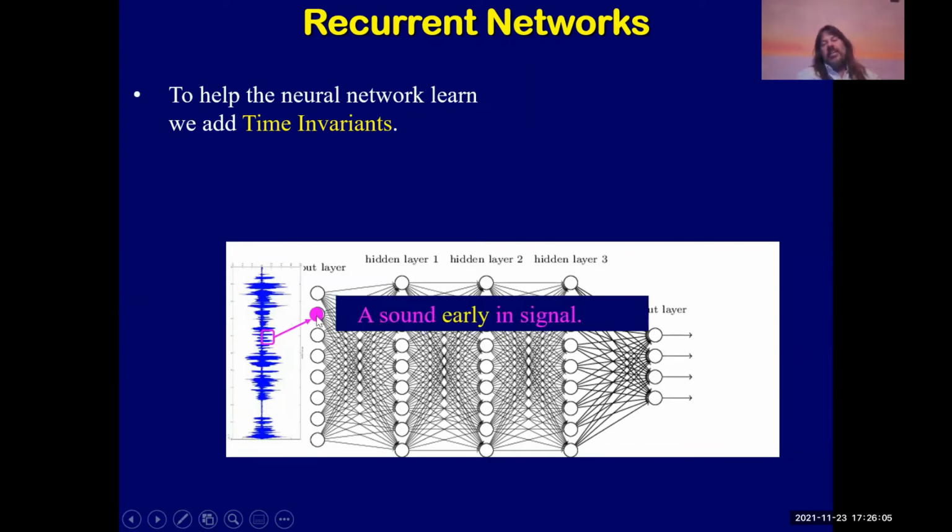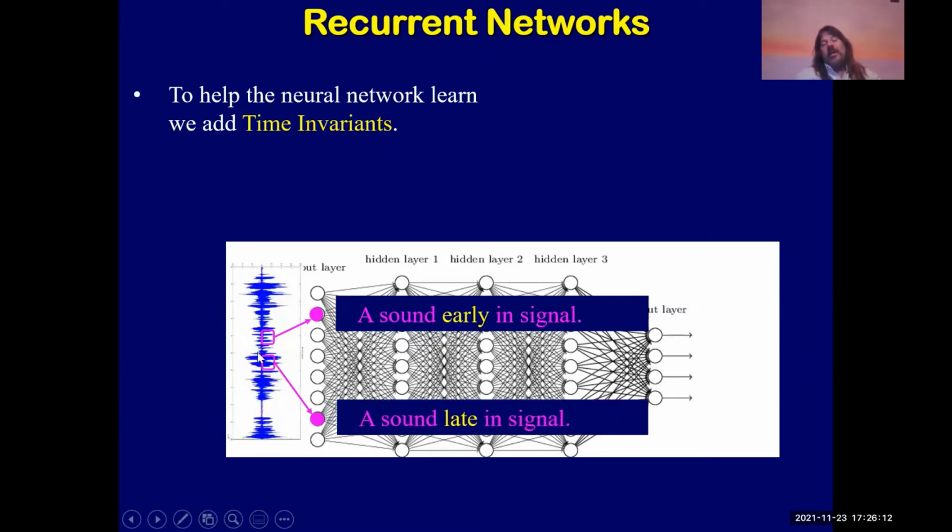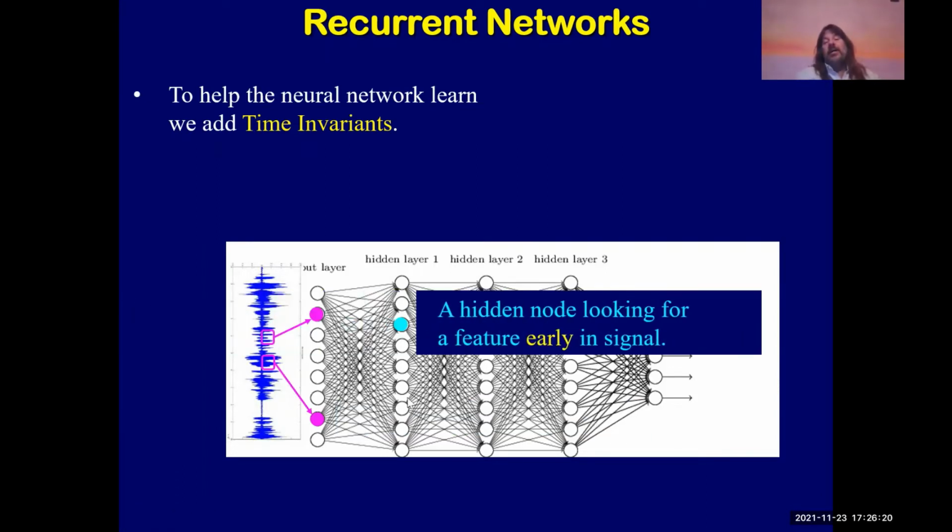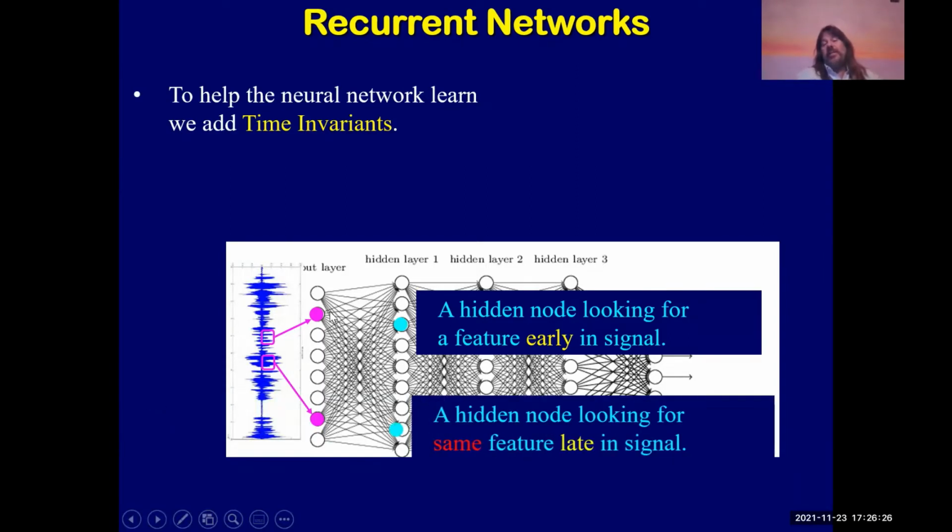So here these inputs might be asking what happens at this point in time, and then these neurons here are taking in what happens later in time, and maybe here we're looking for some feature like the word hello early in time, and here we're looking for some feature in time like hello later in time, right?